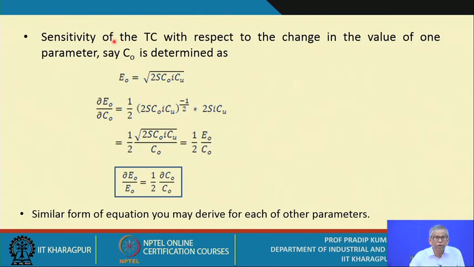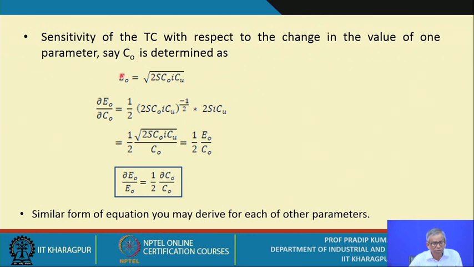Now the sensitivity of the total cost with respect to the change in the value of one parameter, say CO. What we have mentioned is that the optimal total variable cost becomes highly insensitive to changes in the parameter values. One such parameter is CO, the ordering cost per order.